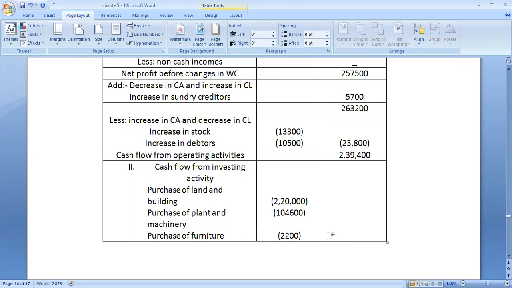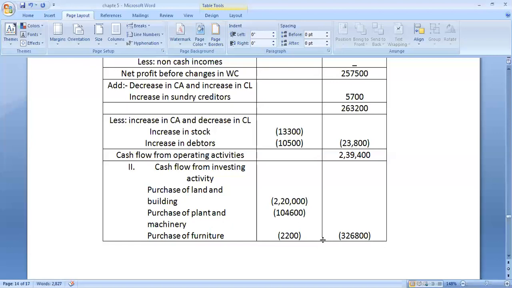So as there are only purchases which indicate outflow of cash, so make it in a bracket itself. So what is the value? It is 2,20,000 plus 1,04,600 plus 2,200 gives you 3,26,800.